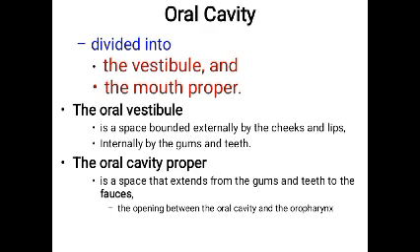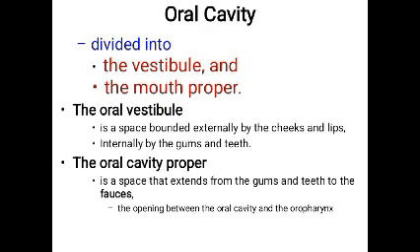The oral cavity is divided into the vestibule and the mouth proper. The oral vestibule is a space bounded externally by the cheeks and lips, and internally by the gums and the teeth.